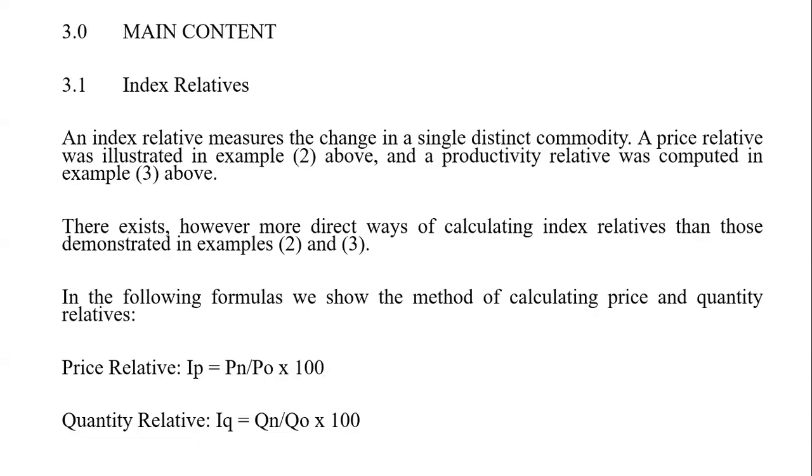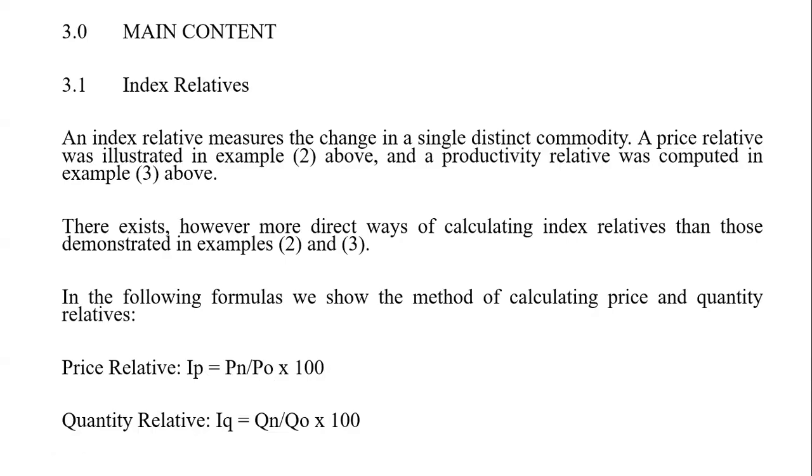This is the formula for calculating price relative. Where you see IP, that is price relative. And this is the formula. You should remember what Pn and P naught stand for.